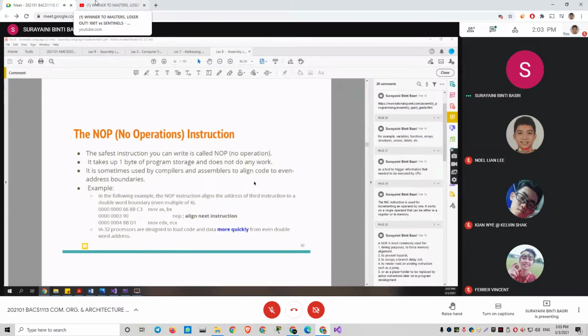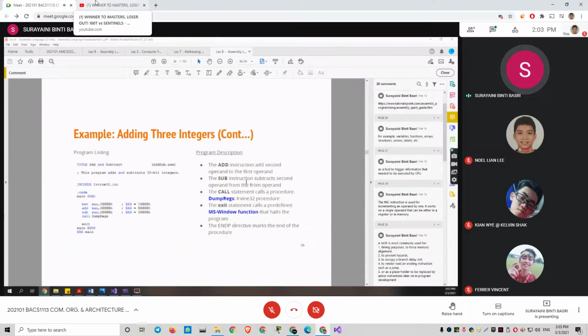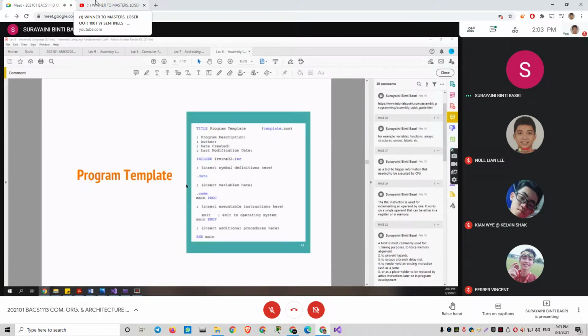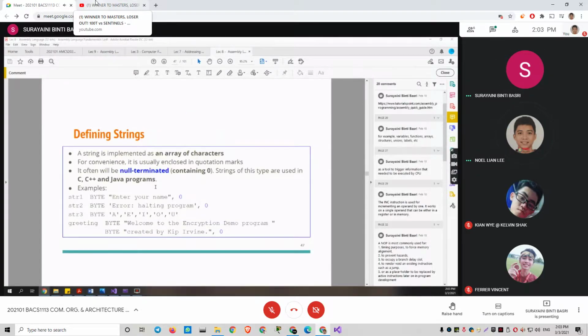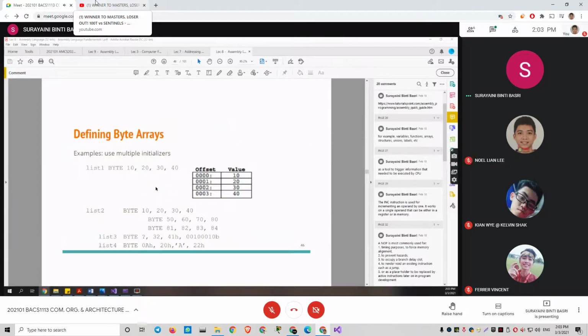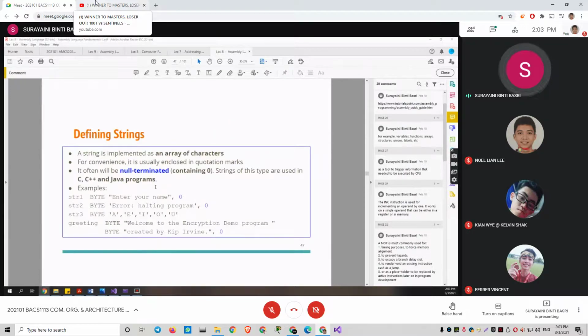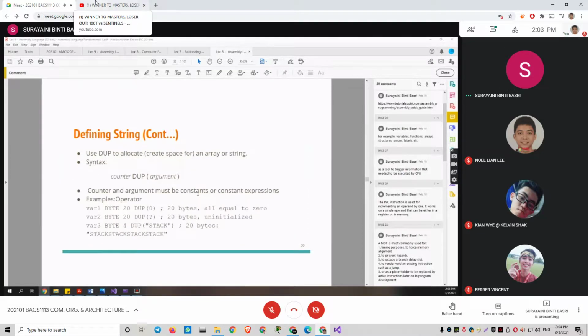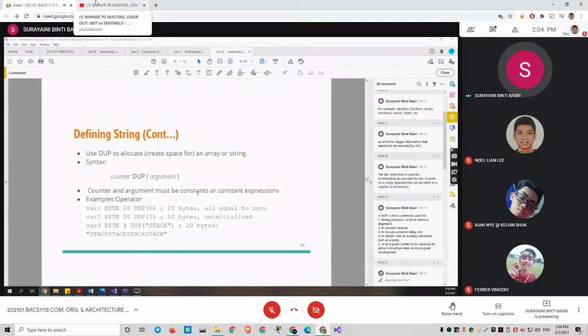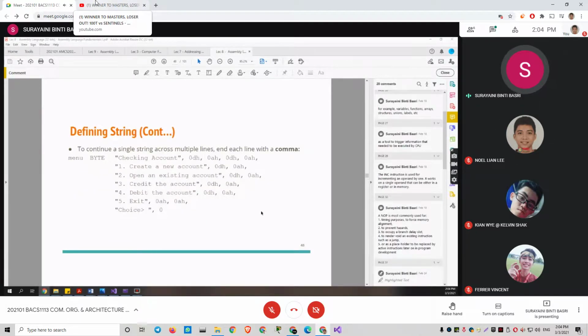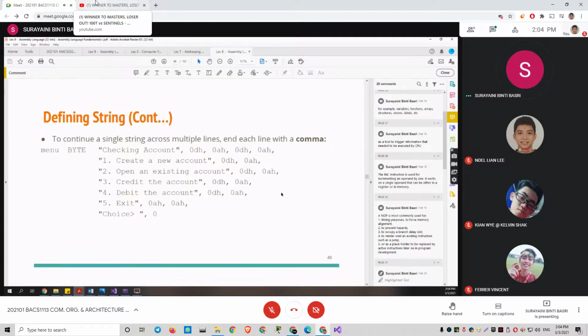Did you read that missing or left out lecture? Defining array byte, defining string. Okay, so only defining string we left out last time, right? Okay, so we will cover it back.